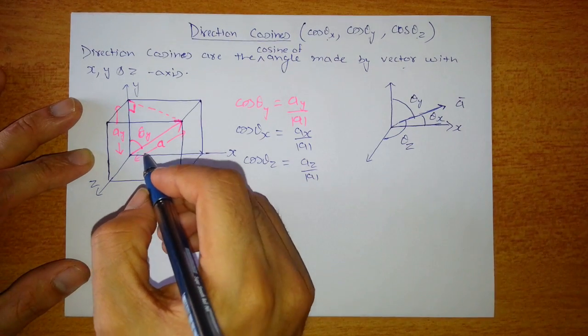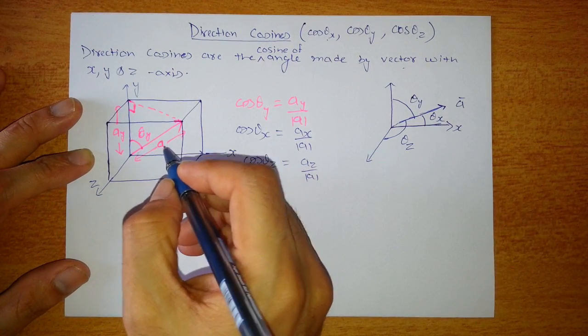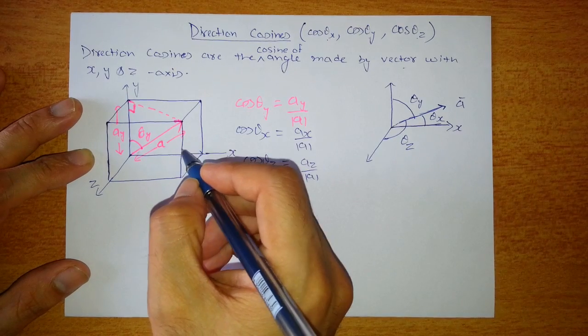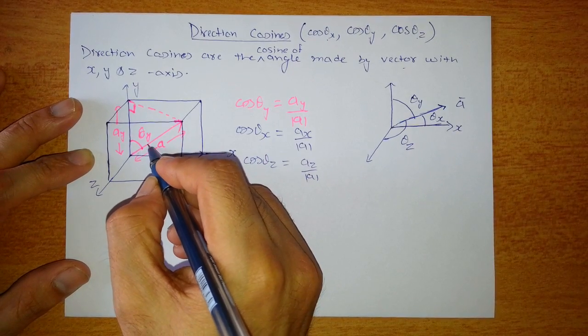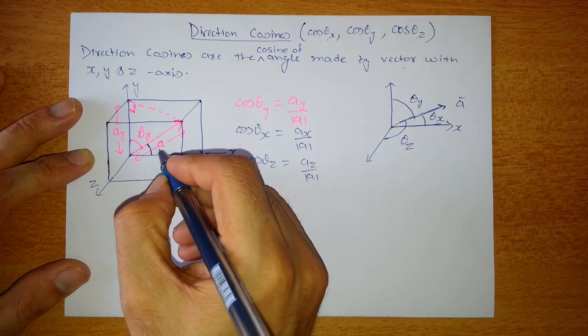Listen very carefully. Now, if we have to find the angle made by this vector with the x-axis, let's say this angle is theta x.